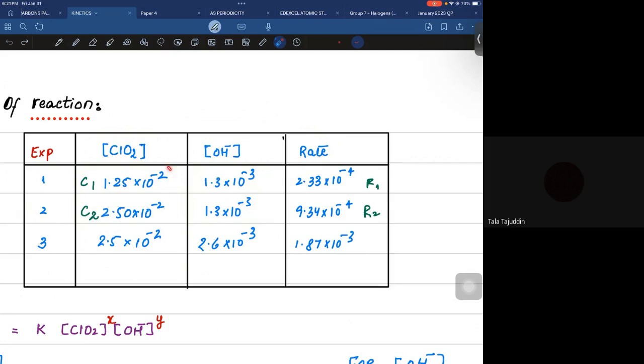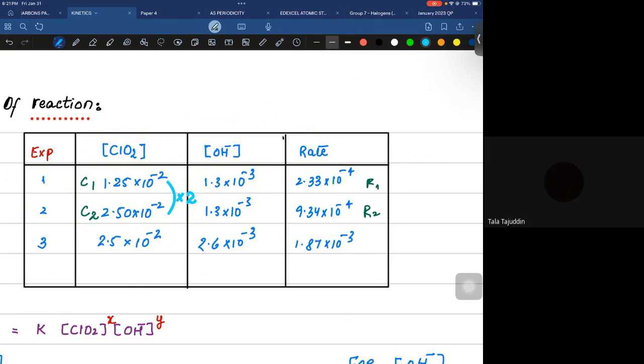That's why I took experiments 1 and 2, because the concentration of OH is the same in 1 and 2, and these are different. Now you can see the concentration is exactly doubled. Basically, I have doubled the concentration of ClO2.